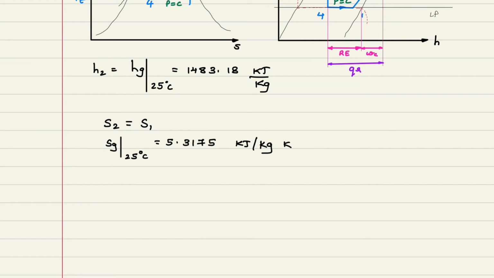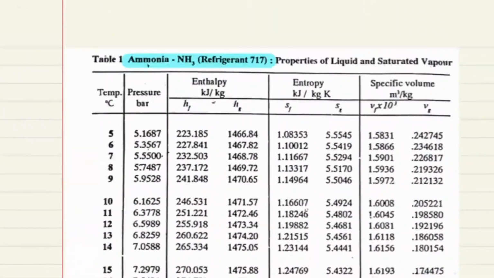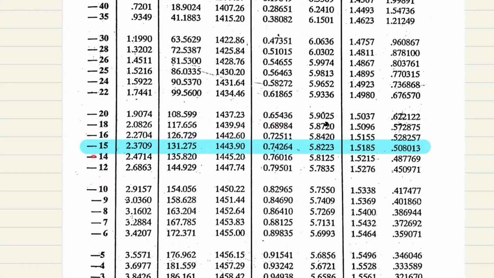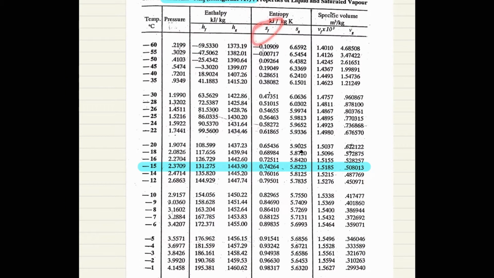Okay, this value is equal to S1. S1 will be Sf at saturation temperature, which is -15, plus X1 into Sfg at -15. So for -15 we will read the values. So here you can see -15 is there. Now -15 Sf value is shown over here and Sg value is shown over here.